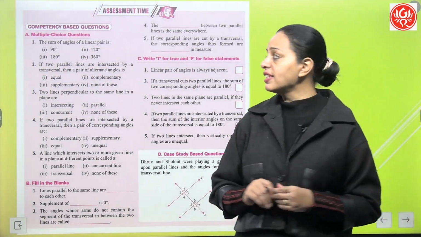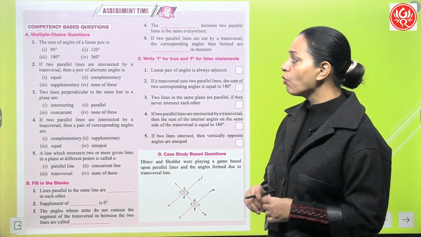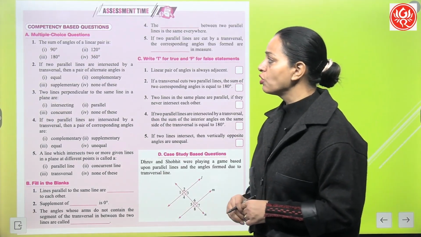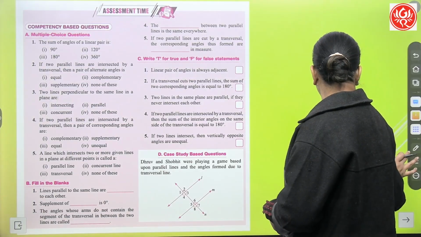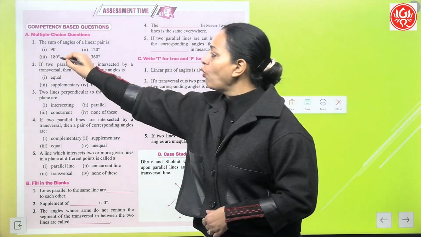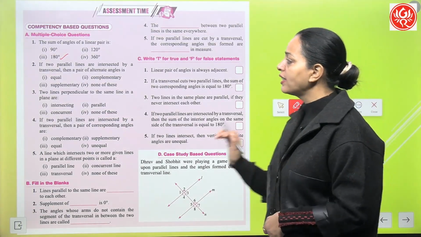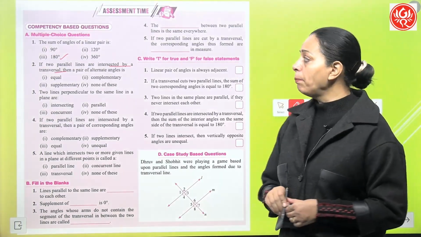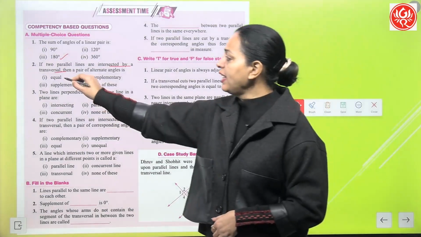Now this is the assessment time, competency based questions. The first one, A part, multiple choice questions. First question, the sum of the angles of a linear pair is, you know very well, 180 degrees. The second question, if two parallel lines are intersected by a transversal, then a pair of alternate angles are always equal.